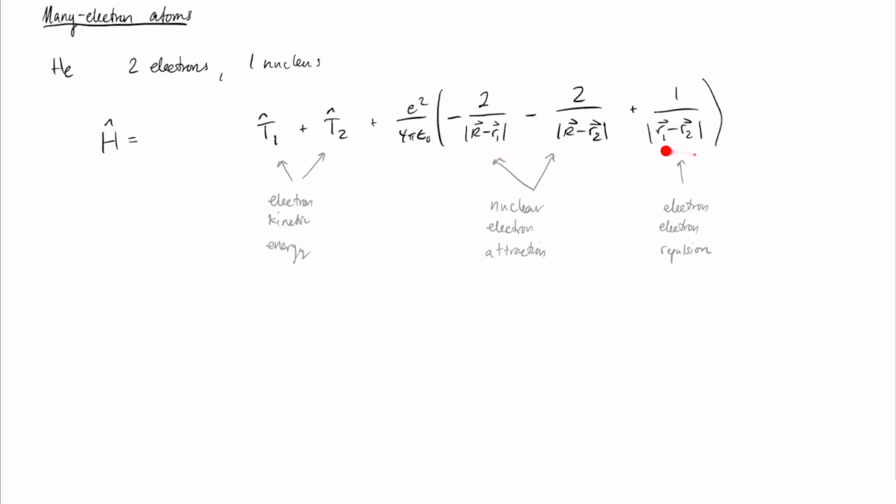But because these two things interact, it couples the two equations. And as a result, you cannot solve it exactly by hand. Instead, you have people like me whose entire job is to be able to solve more complicated electronic problems using computers. There's actually a second, more important consequence of this electron-electron repulsion term.